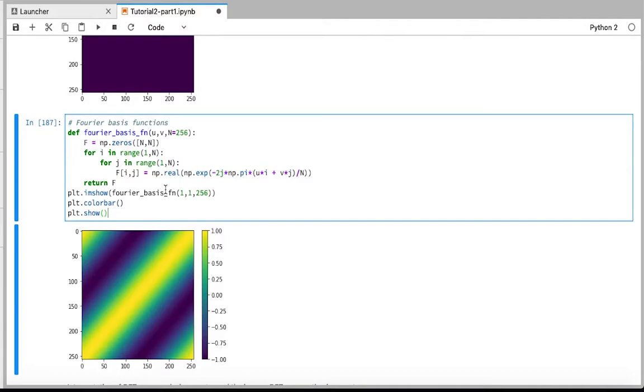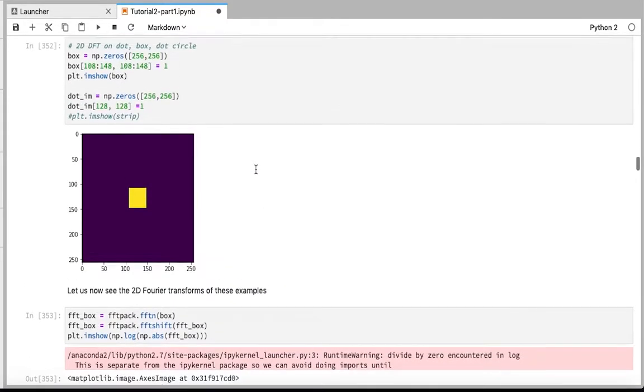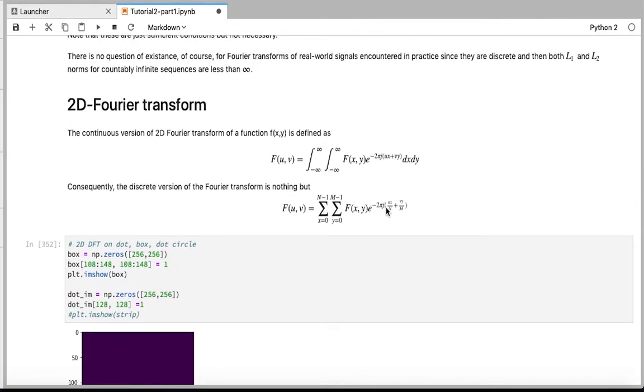Let's see what lower frequencies look like, when u and v are 0, 0. Your filter is basically constant. You call this DC. DC captures the sum of the whole image. If you put 0, 0 in this formula, the whole exponent goes to 0, and you end up with the double summation, which is the summation of all the pixels.